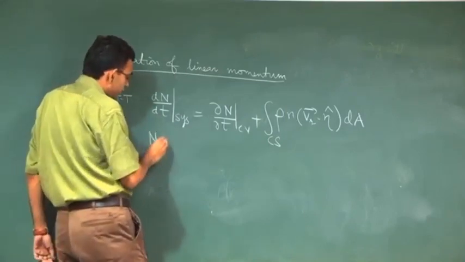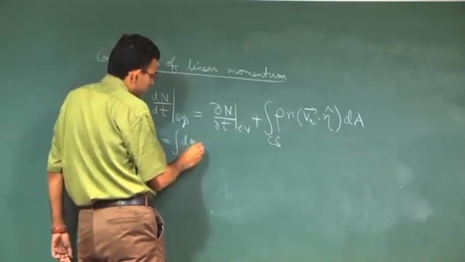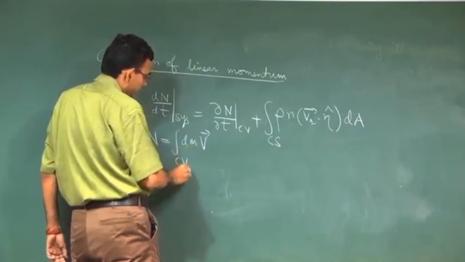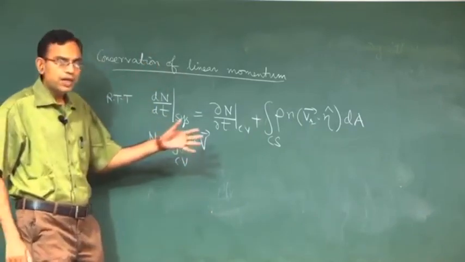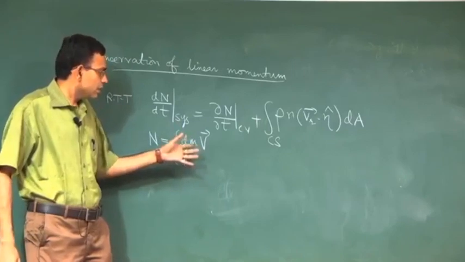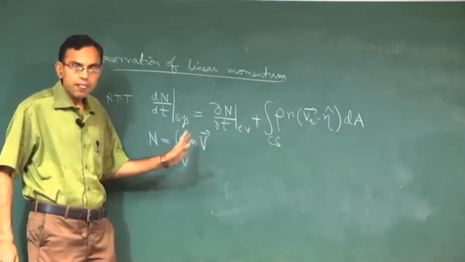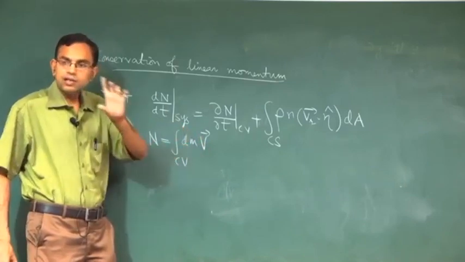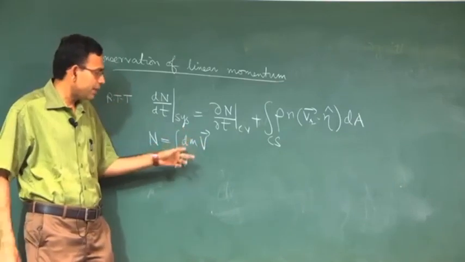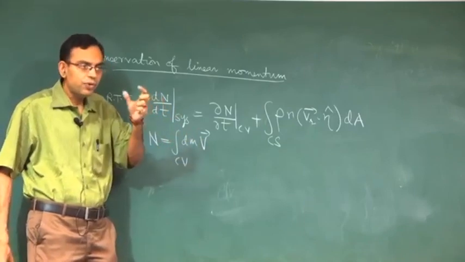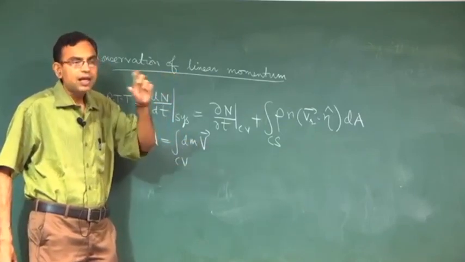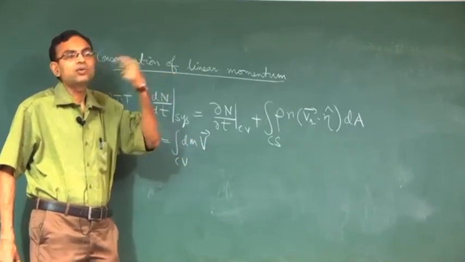So, N, in some junior classes we write this N as just mv. I mean conceptually it is mv, but fundamentally it is this, because the fluid is continuously deforming, every elemental mass may have its own velocity.